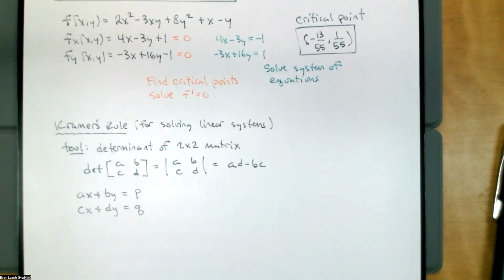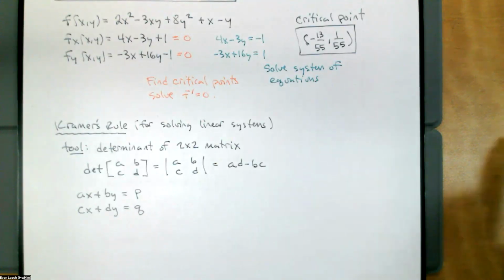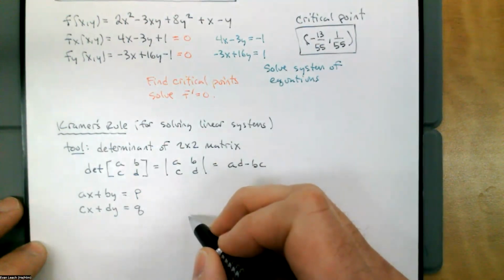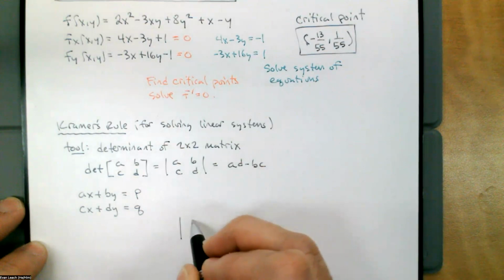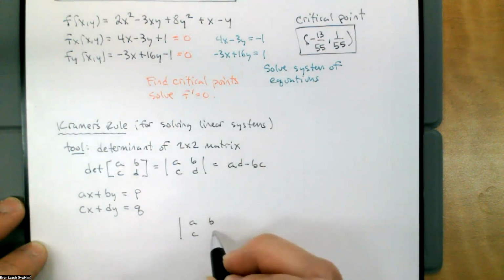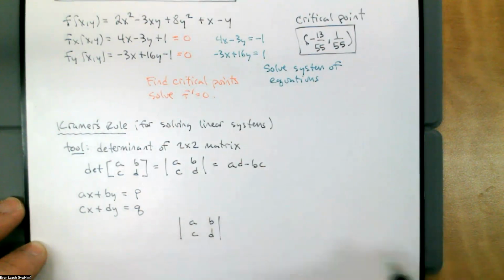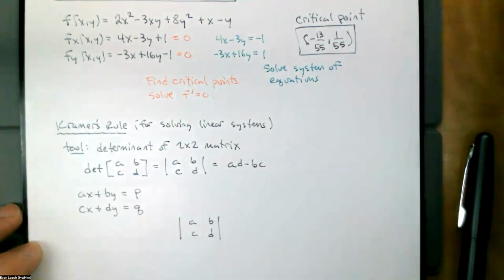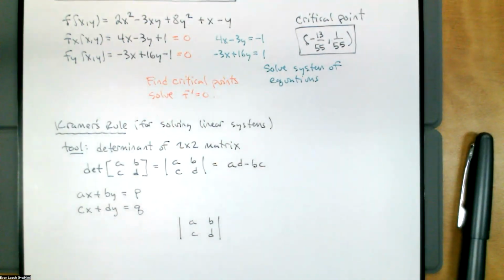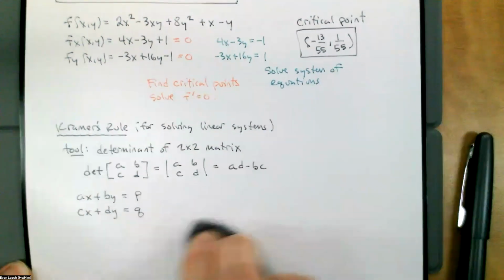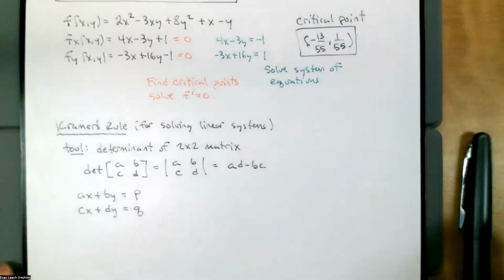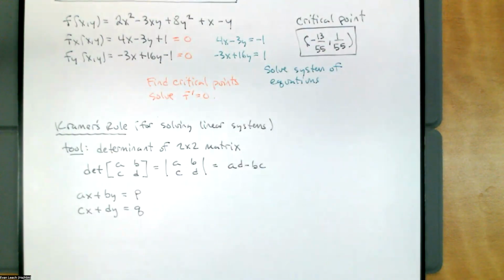One, the determinant of the coefficient matrix. That's going to be your denominator. Cramer's rule is a way to solve this system just by calculating determinants.